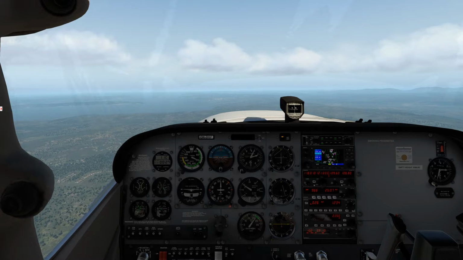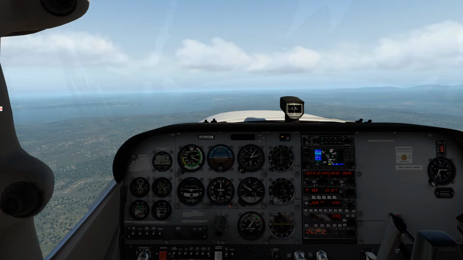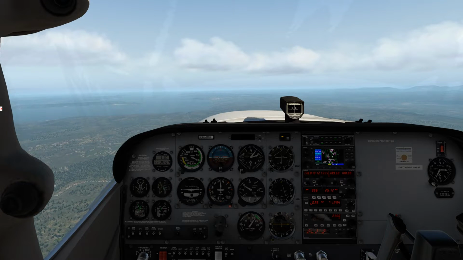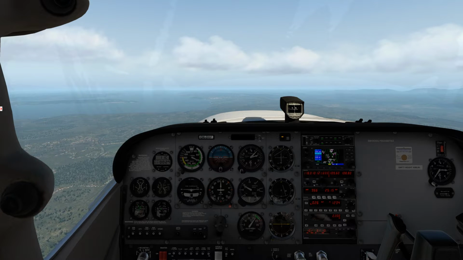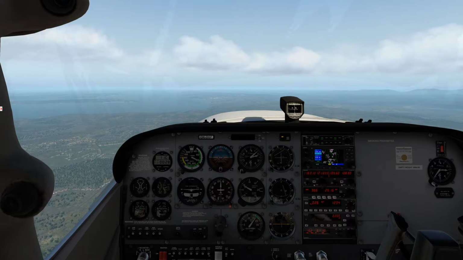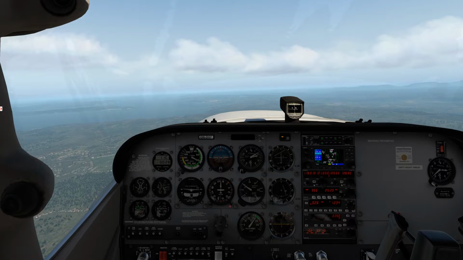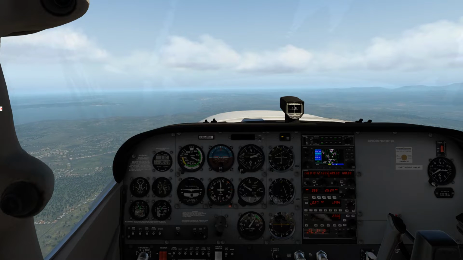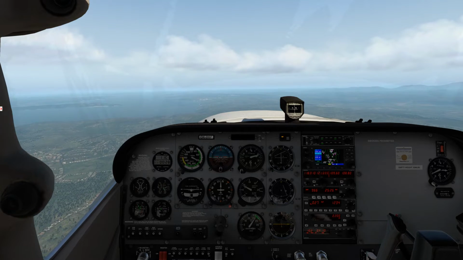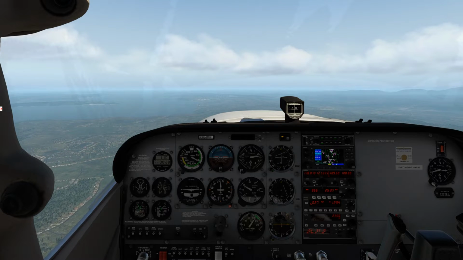For example, a glass cockpit, a G1000, or a 737, A320, all of those are going to show up slightly different, and the ILS is going to show up slightly different on those instruments. So knowing your aircraft is paramount to actually flying the aircraft, duh, right? But specifically with ILS, you have to know how it's going to interact with your systems.